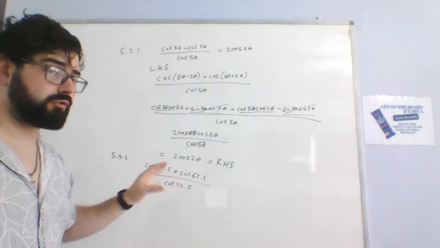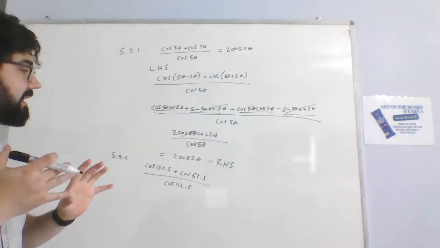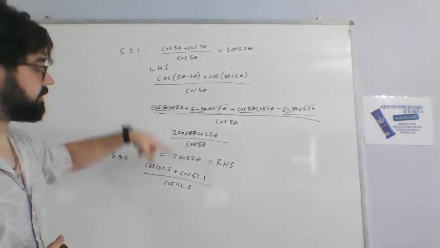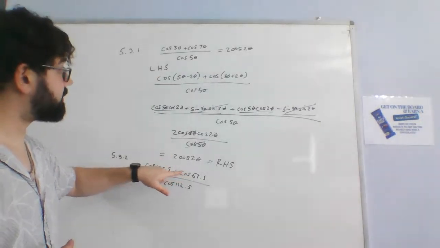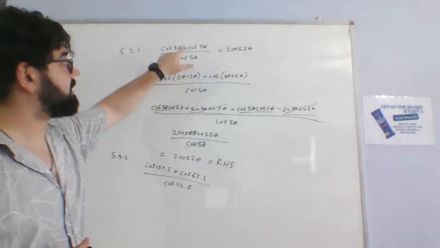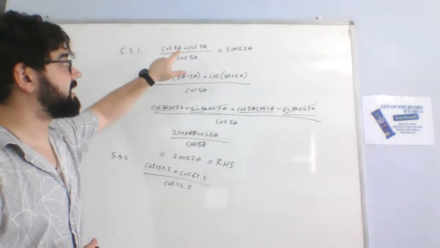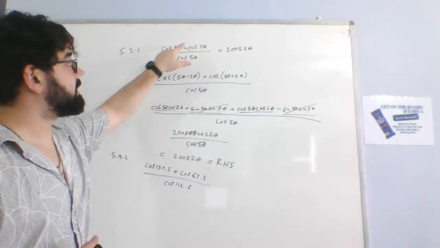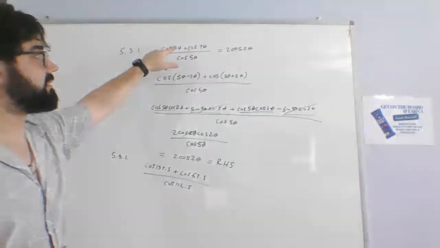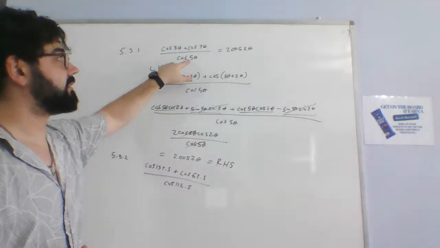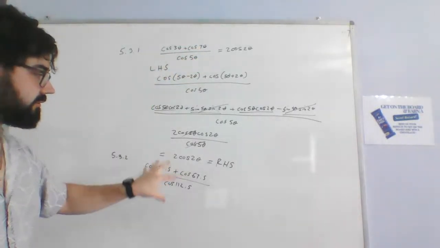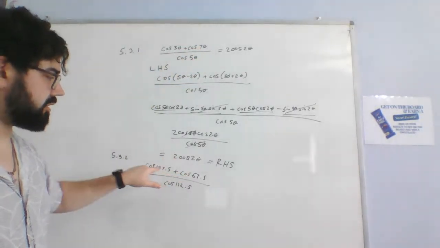These three angles are all multiples of something, and we want to find out what that is. Notice we've got a small angle, a big angle, and a middle angle, and we've got the same thing in our identity. 3 theta is small, 7 theta is bigger, 5 theta is in the middle. So this is roughly fitting the format, but these two are the wrong way around.